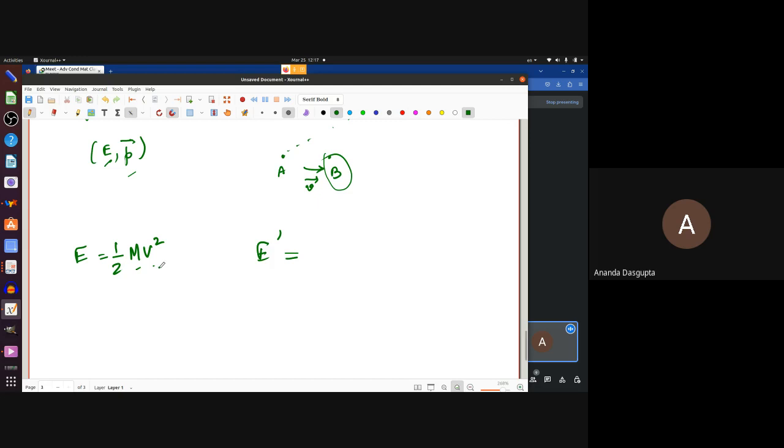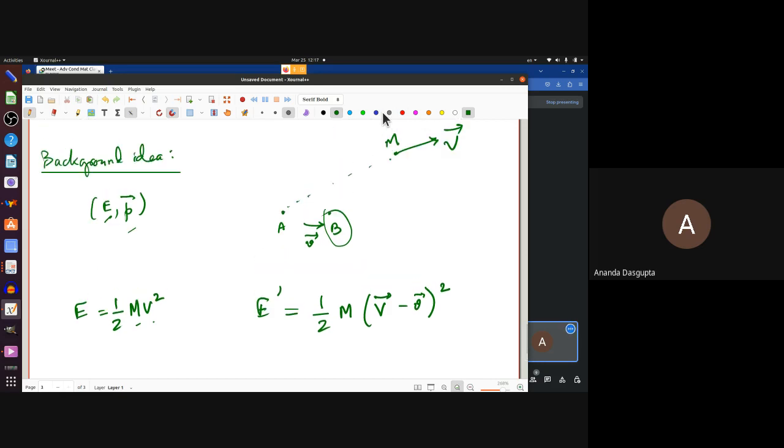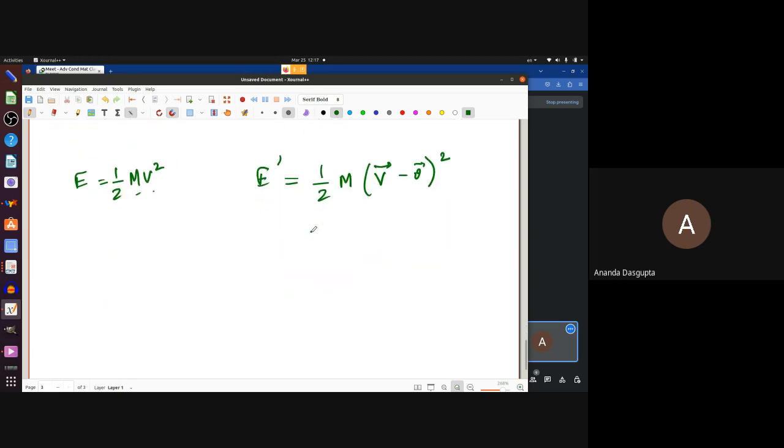Will M change or will V change? V will change, M will not, and V will change according to a very simple rule. If V vector is the velocity as observed by A, then B will observe a velocity which is capital V minus small v, where small v is the velocity of B with respect to A. Is that okay?